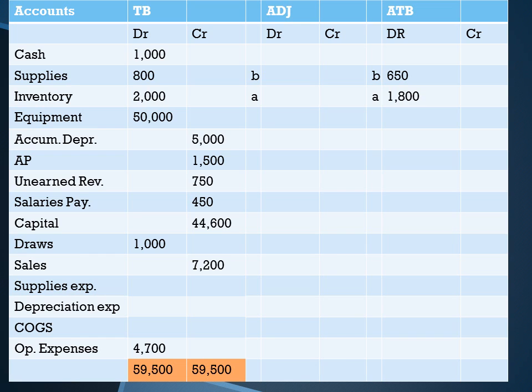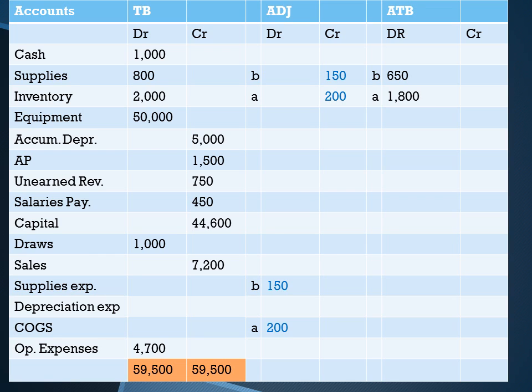The two examples that I gave here are supplies and inventory, and these are items that, based on an end-of-month inventory, we should know the dollar value, which would be our adjusted trial balance. So if there's a difference between that and our trial balance, then we would need to make an appropriate adjustment.